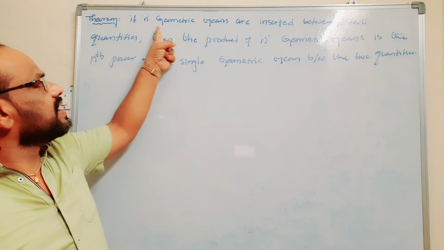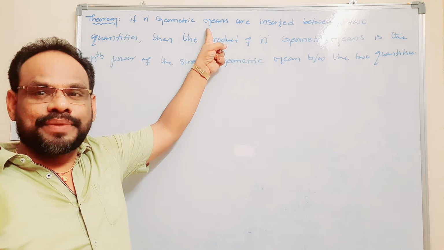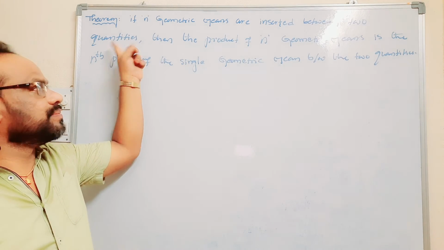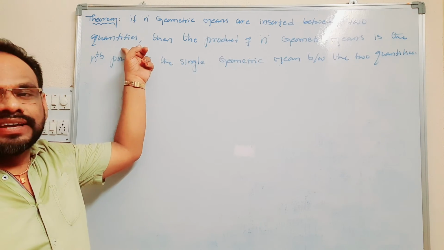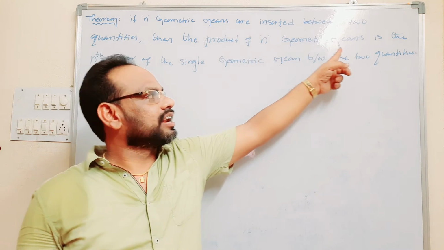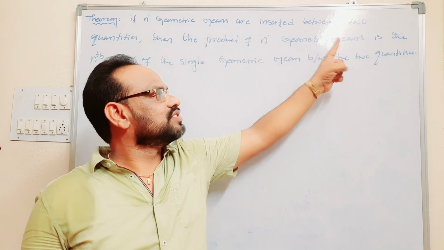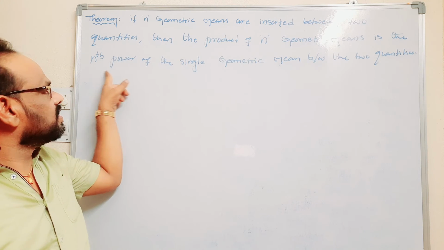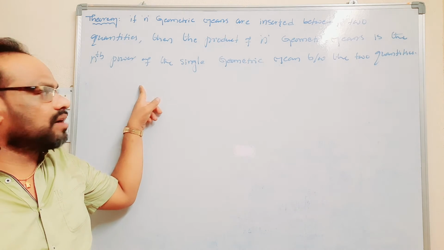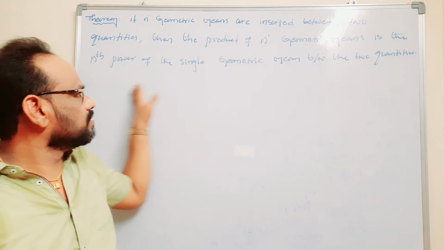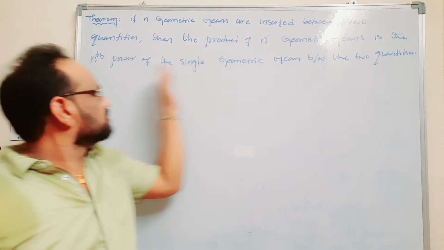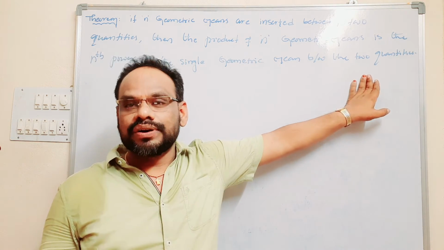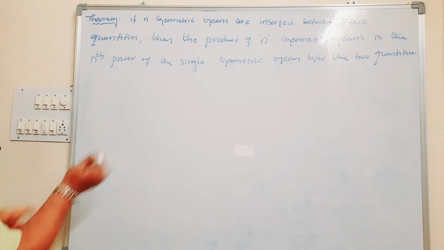If n geometric means are inserted between two given quantities, then the product of the n geometric means is the nth power of the single geometric mean between the two given quantities. Observe here the proof.